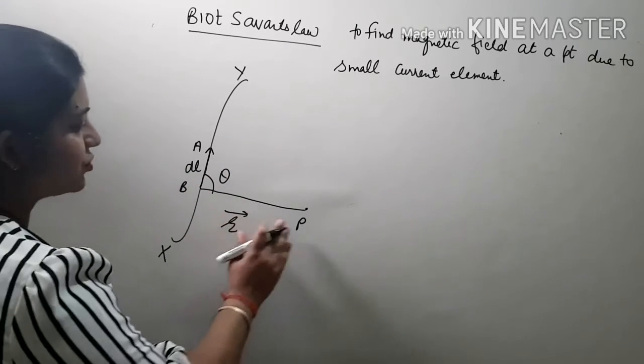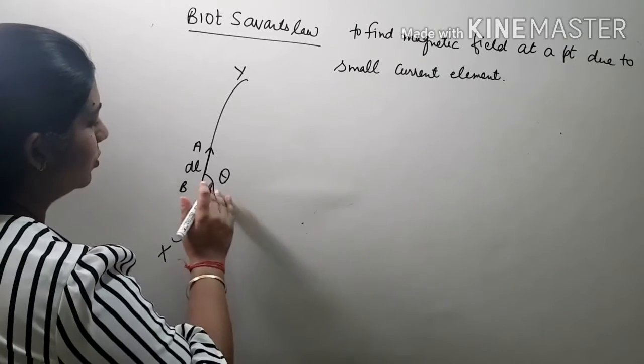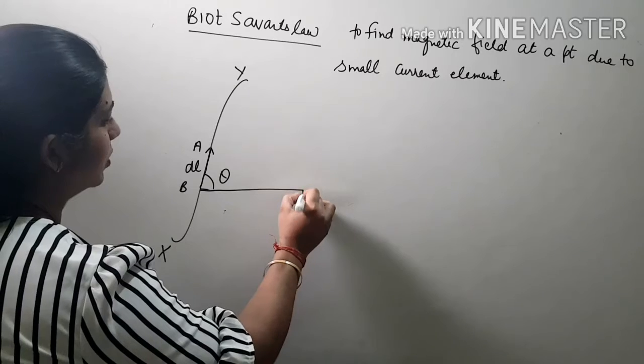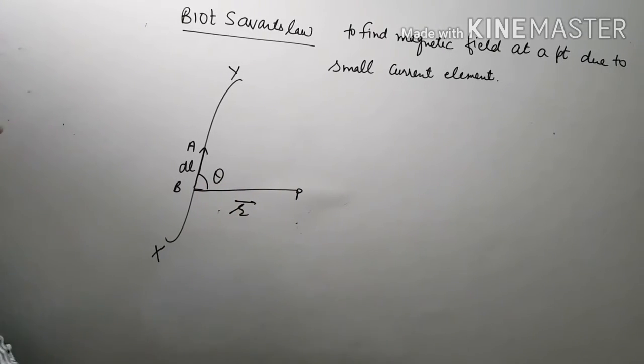This is not a straight line. Suppose this is the point making an angle theta.